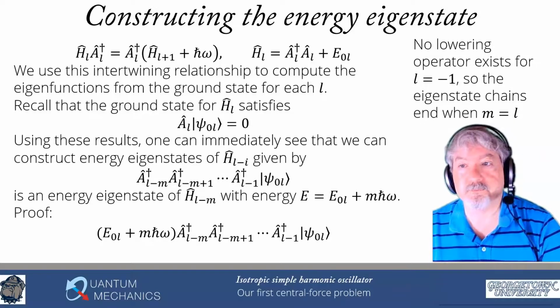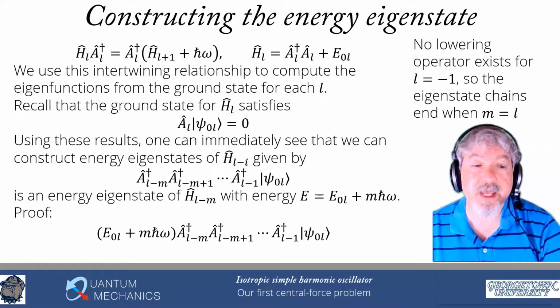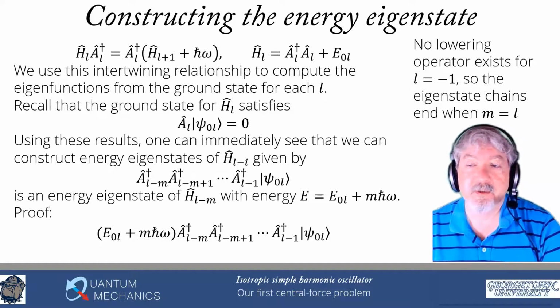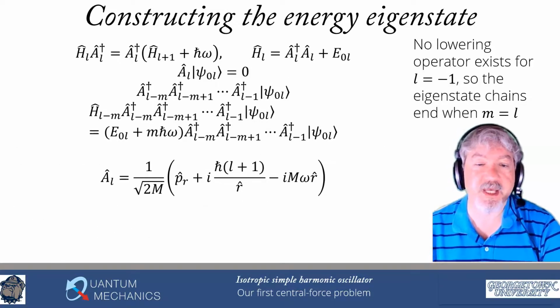Okay, so this stops at the point where M equals L, because there is no operator that exists for HL minus 1. Let me verify for you that that's the case.